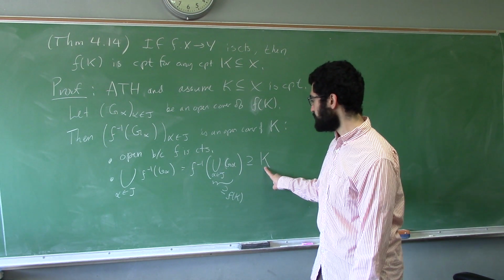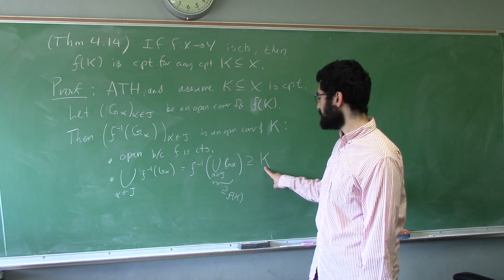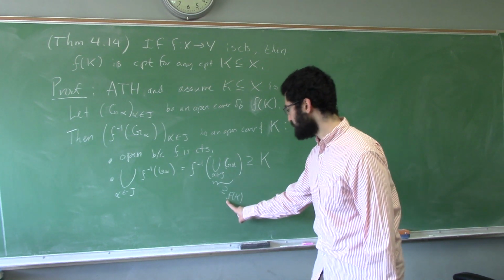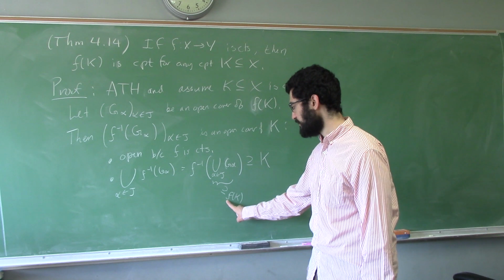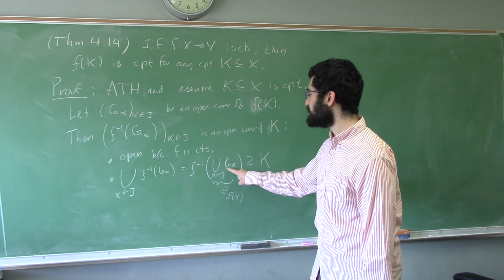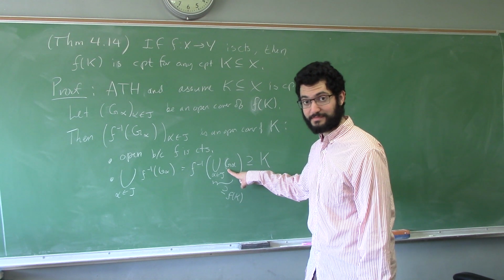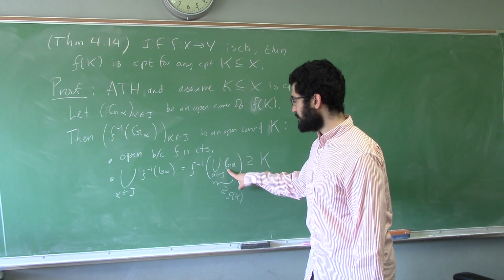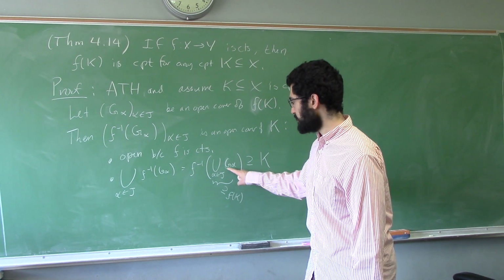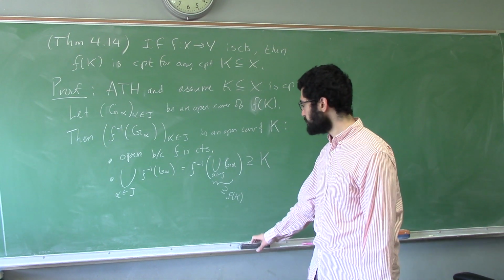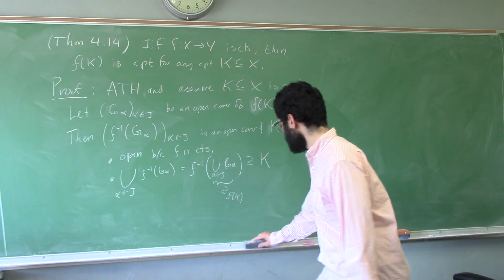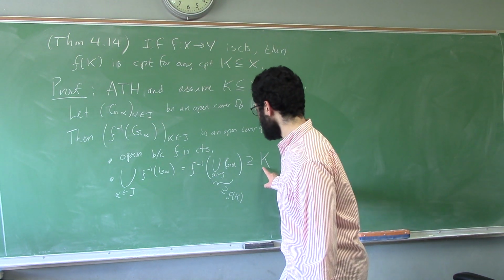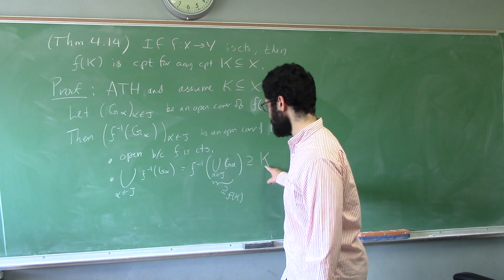Let's take an arbitrary point P in K. Then f(P) is in the image of K, f(K). So f(P) is in f(K). Therefore, f(P) is in at least one of these G_alphas. Then P is in the preimage of the union of the G_alphas. I feel like my argument actually directly proved the inclusion here.